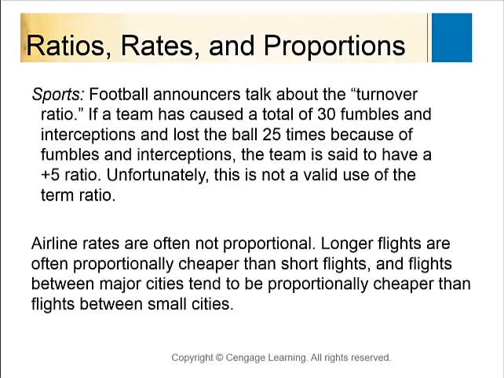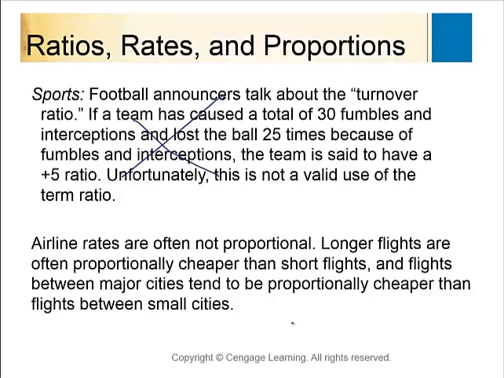Sports teams use ratios, but their interpretation of ratios is not valid, so don't use that as one of your examples, because they're not using ratios in the correct format, or not mathematically correct.